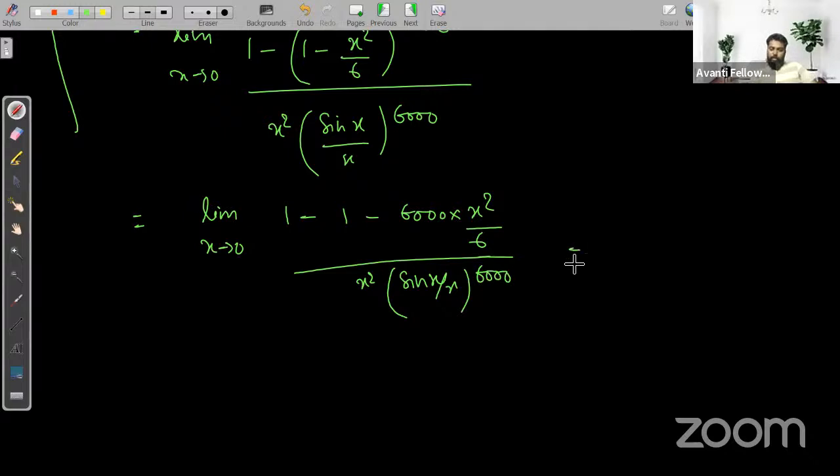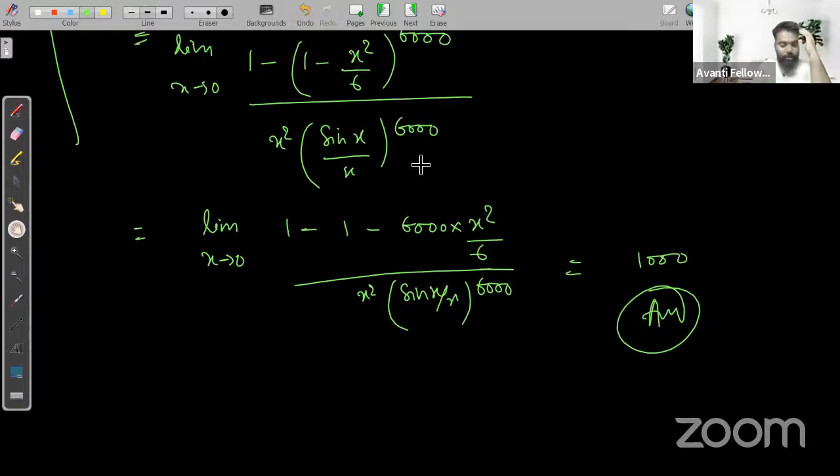Now if you put x tending to 0, this will be 1, and x square will be cancelled out. You'll be getting only 1000. So the correct answer is 1000, right? This is your answer. Okay.